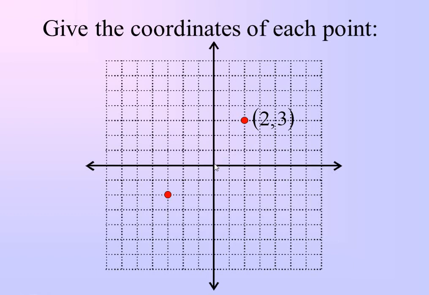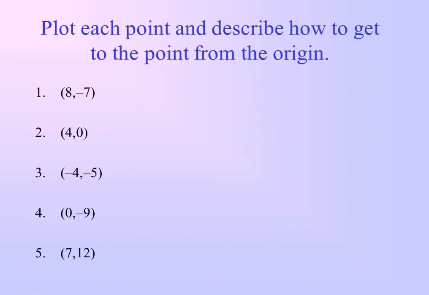I will move 2 units, 1, 2, then I will stop there for a while and look at the y coordinate and ask myself if it's positive or negative. Since it's positive, I have to move up. How many units? I will move up 3 units. So look here, this is the point. And if you look, this is, for example, -3, -2, this is 4, 2, -4, this is -5 and 1.